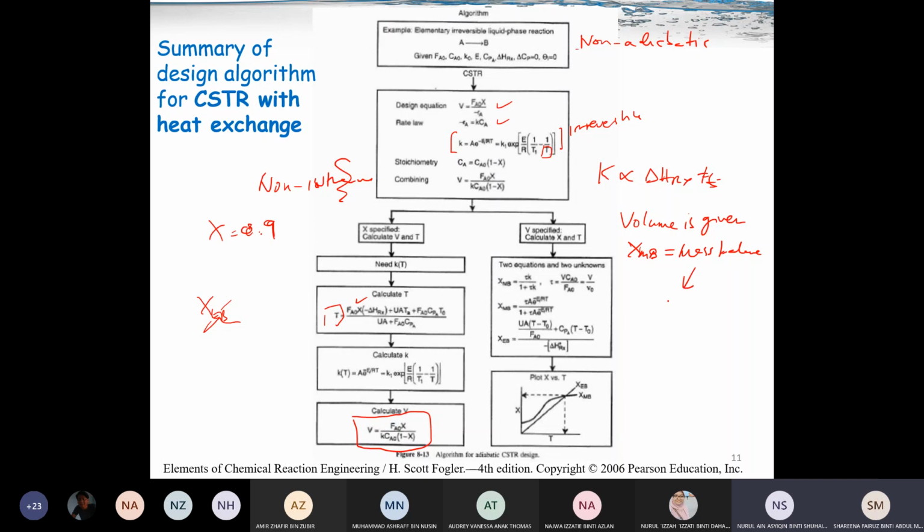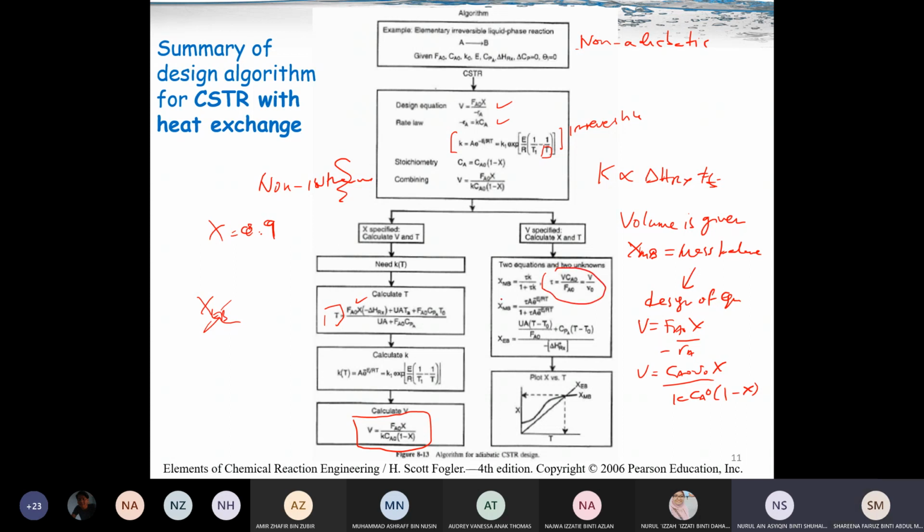Starting from the design equation. Okay, so design equation ni you kena tengok lah, which is V is equal to FA naught X over negative RA. So you pecahkan, V is equal to CA naught v naught X over negative RA, which is KCA naught (1 minus X). Okay, rearrangekan dia sampai dapat in term of this one.